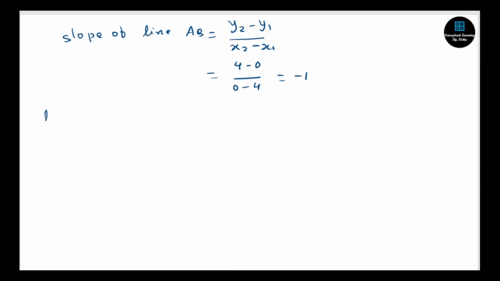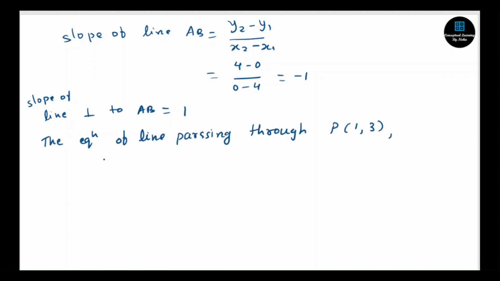So the slope of the line perpendicular to AB is equal to 1, okay. We know that, and now I can use the point slope formula to find the equation of the line. So how do we write this? y minus y1 equals m into x minus x1, okay.